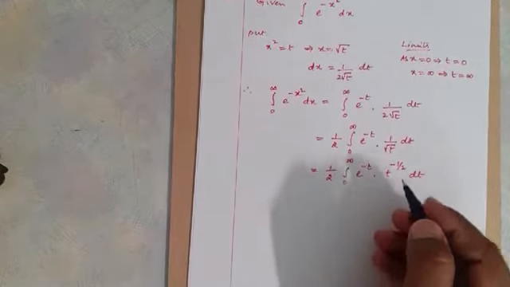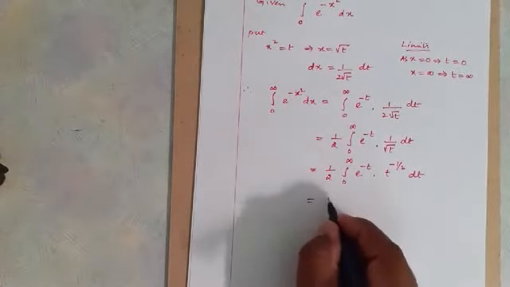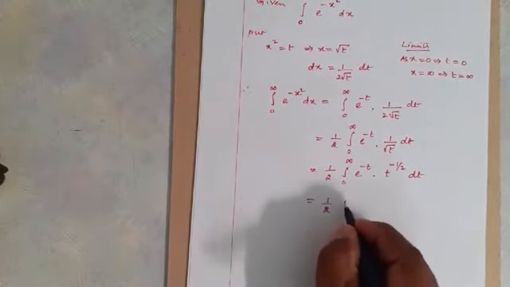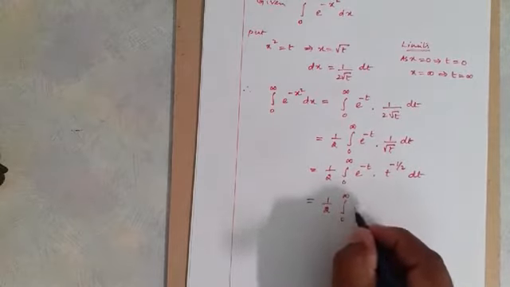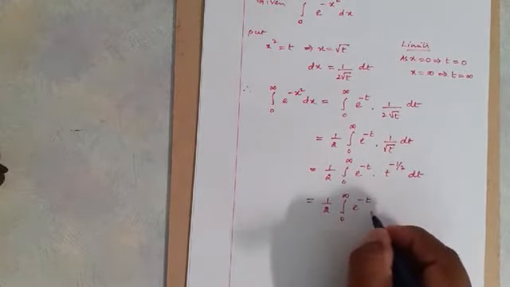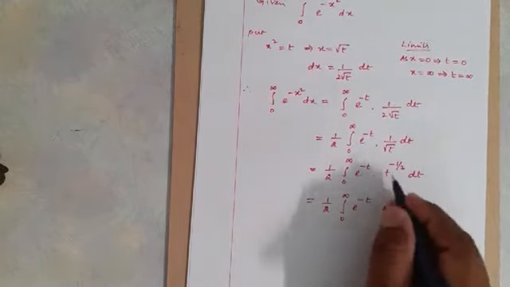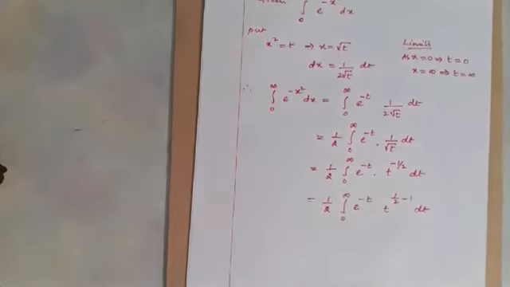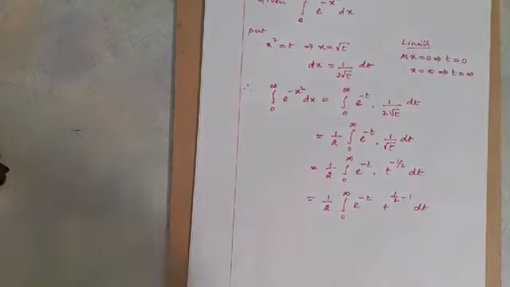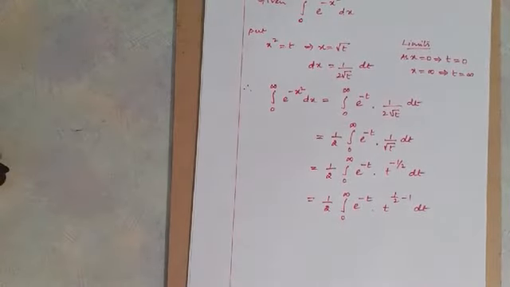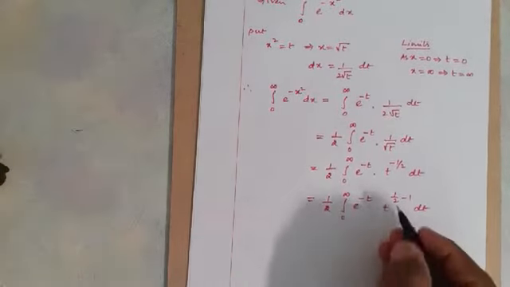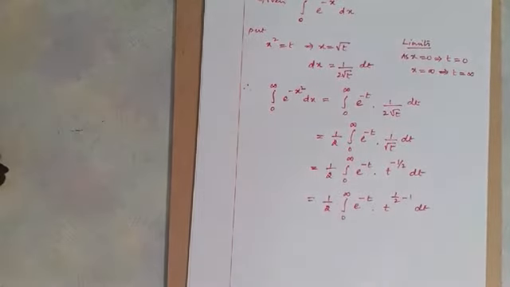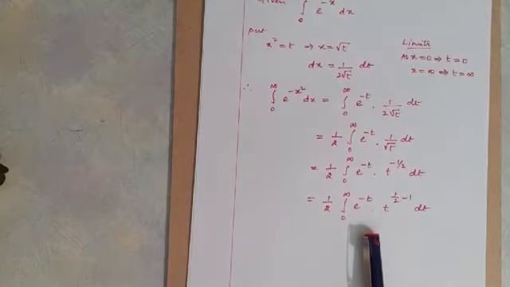Now in the next step, this is equal to 1 upon 2 integral 0 to infinity e power minus t into t power 1 by 2 minus 1 dt. Minus 1 by 2 can be written as 1 by 2 minus 1; when you simplify this, again you get minus 1 by 2. Now I think you have recalled the gamma definition.